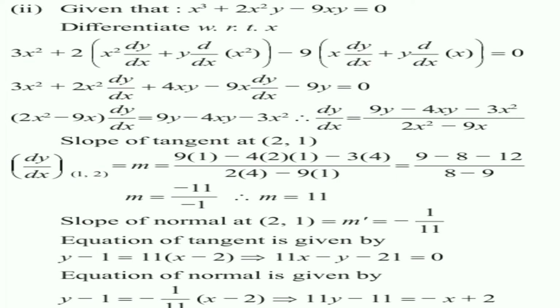Equation of tangent is given by y minus 1 equals 11 into (x minus 2), which implies 11x minus y minus 21 equals 0.